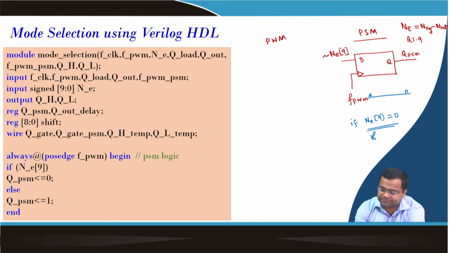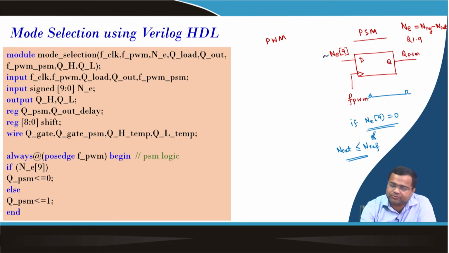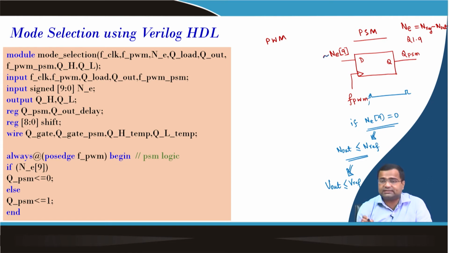This implies that N out is less than or equal to N ref, and if it is 0, then its inverted logic will be 1 and then QPSM will be 1, which means the output voltage is less than Vref. So, at the edge of this clock, if the output voltage is less than or equal to Vref, then the cycle will be charged, that means QPSM will be 1.